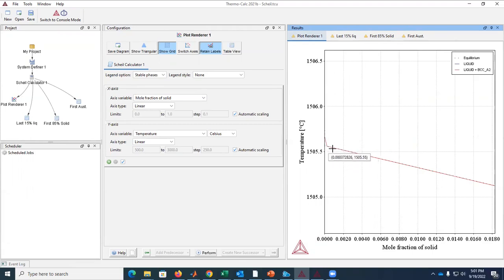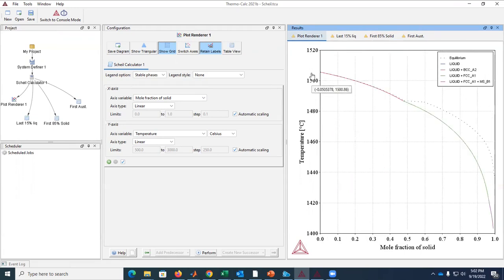So that's the melting point of the material in this case. If you drag on one of the axes and click the home button, you go back to the default view. So it starts to solidify at 1505.